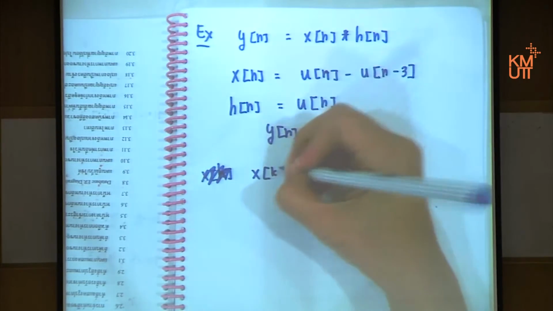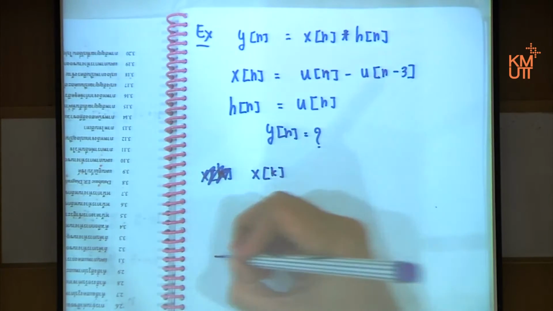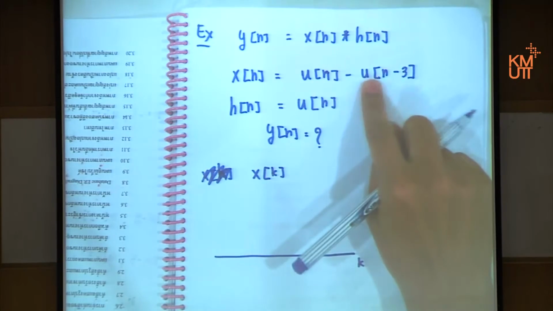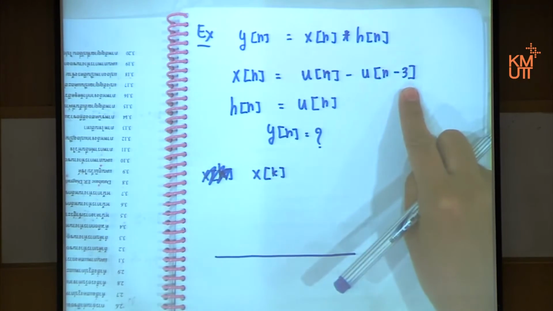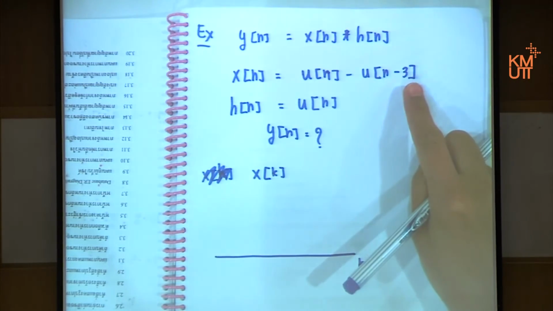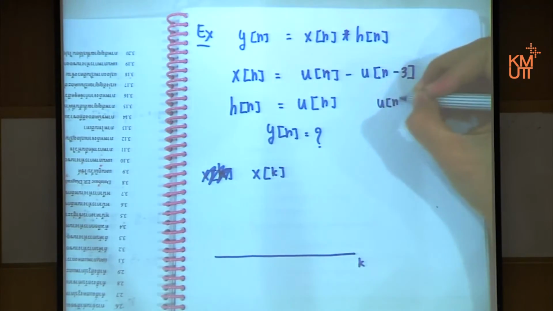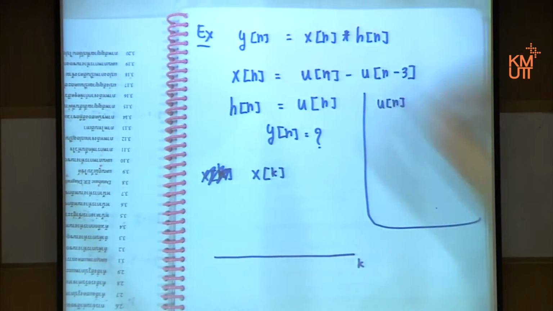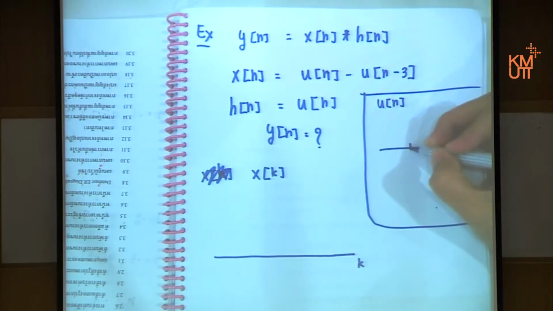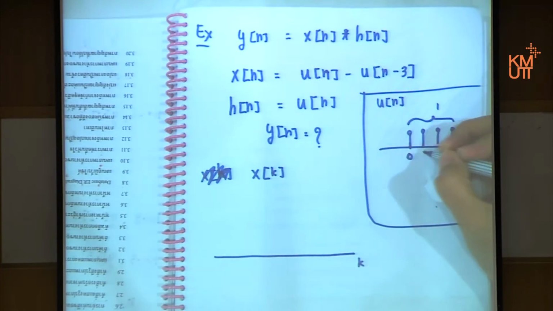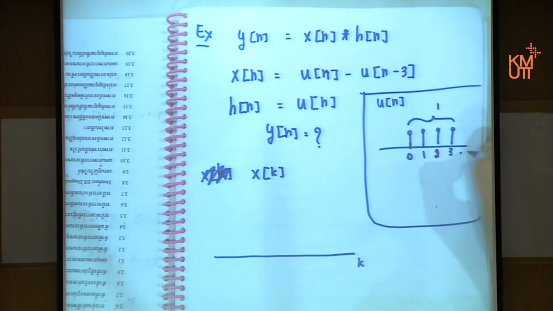What is u[n] minus u[n - 3]? Do you still remember the unit step function? For u[n], you get many stems, right? The height of this equals 1, starting from 0, 1, 2, 3 and so on to infinity, right?